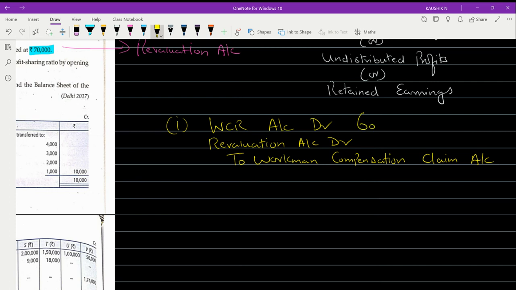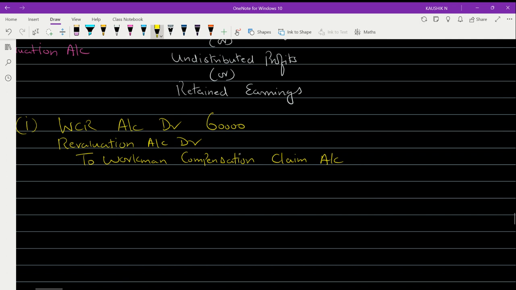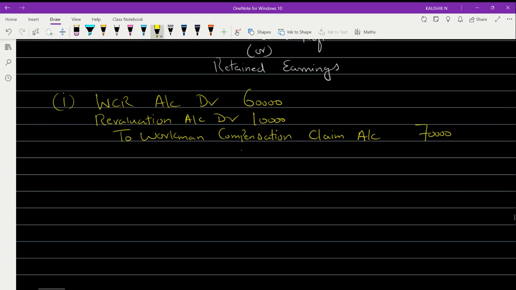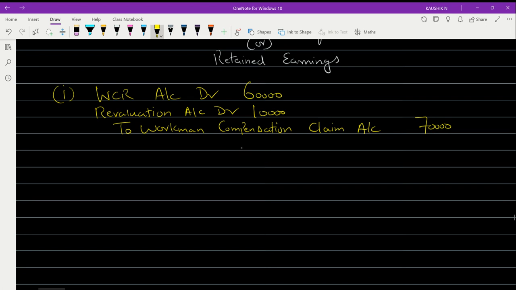We had 60,000 in the reserve. The claim has come for 70,000. The difference of 10,000 will go to the revaluation account. This is the first journal. Followed by this, whatever revaluation amount you have should be distributed to the partners' capital accounts. So S, T, U, V, all these capitals are going to get the debit balance.